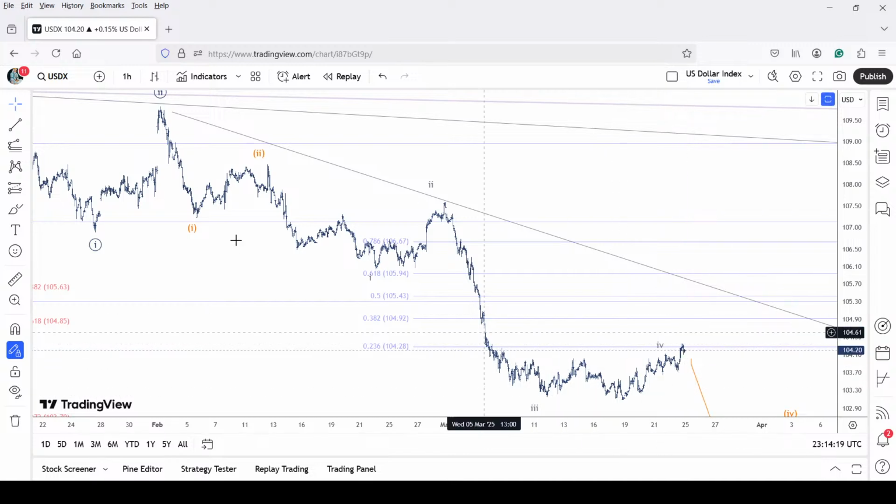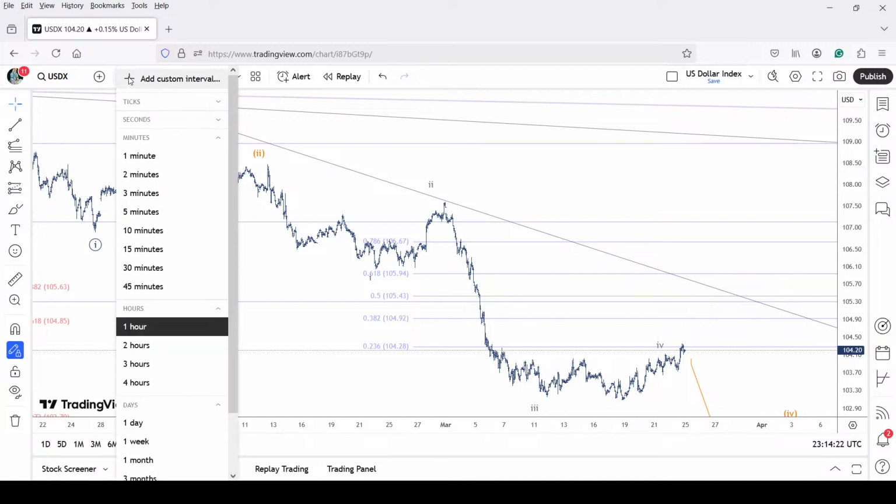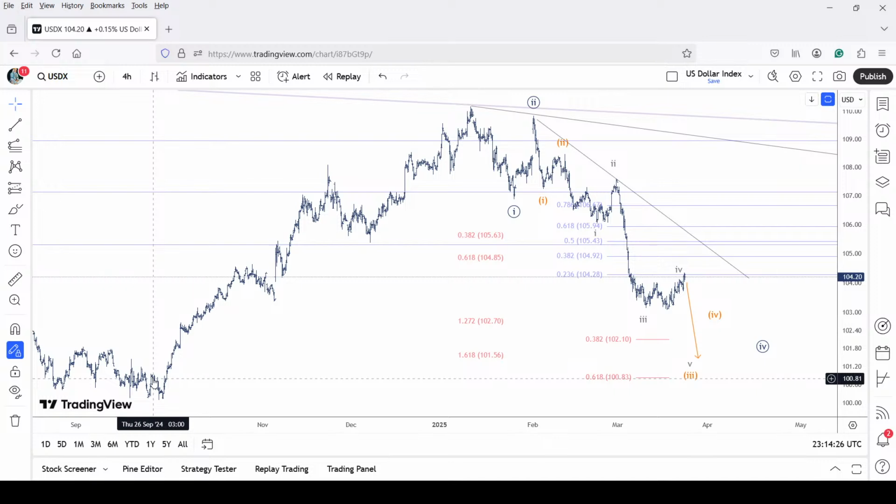So the expanded flat structure looks complete, and if correctly done, we should be seeing prices turn lower from here. All right. So that would be the story for the dollar index.